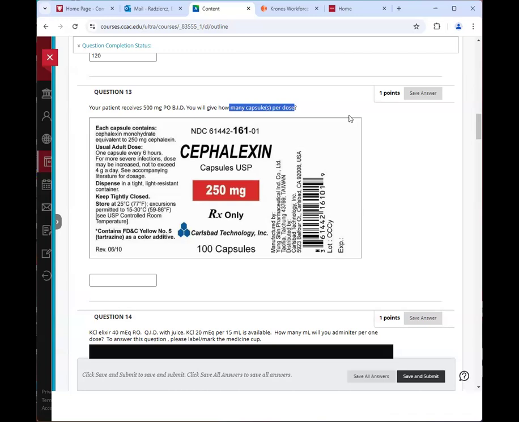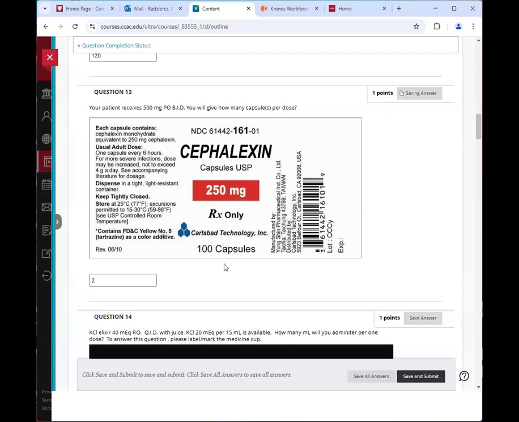Make sure you read each question carefully, because they could easily change this to how many capsules per day, and then you'd want to make sure you account for that BID that's there. So 500 milligrams, each capsule is 250 milligrams, so you're just going to give them 2 capsules. 2 at 8 a.m., 2 at 8 p.m., or whatever the breakdown is.